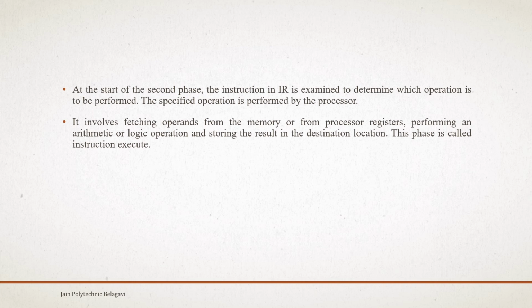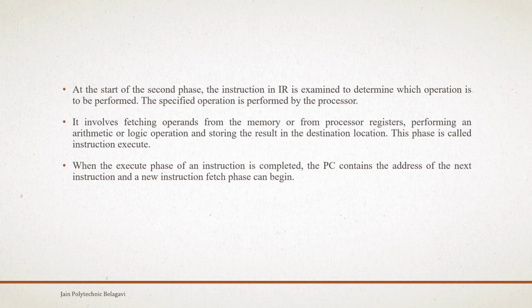During this phase we process the instruction, perform some operation, and store the result in the destination location. When the execute phase of an instruction is completed, the program counter is updated so that it contains the address of the next instruction to be executed.